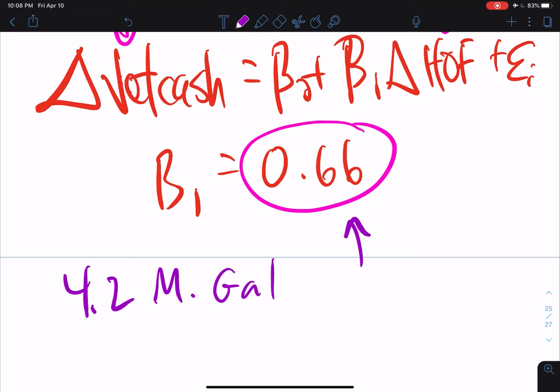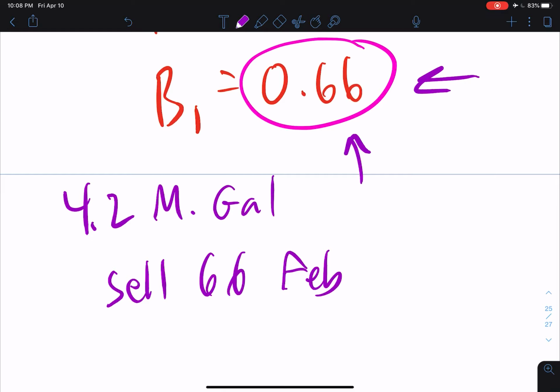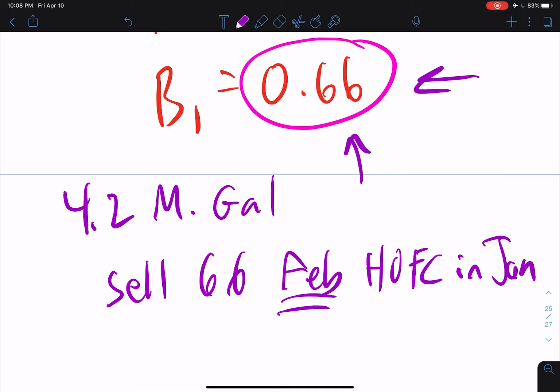So in order to hedge the value of this, assuming we want to stick with 0.66, in the first month, let's say January, he will sell 66 February heating oil futures contracts. Remember, the February contracts stop trading late in January. So he'll sell 66 February heating oil futures contracts in January.